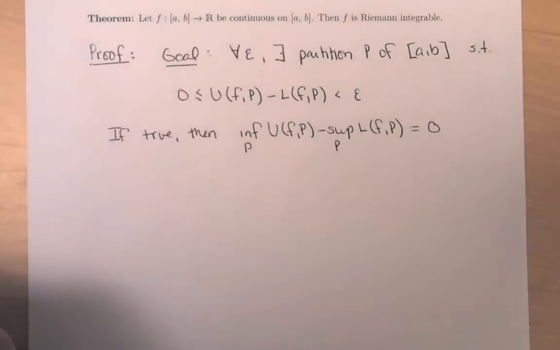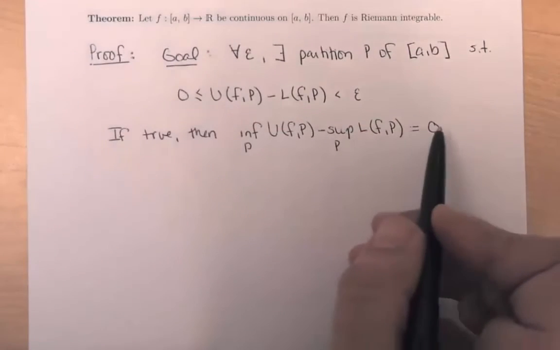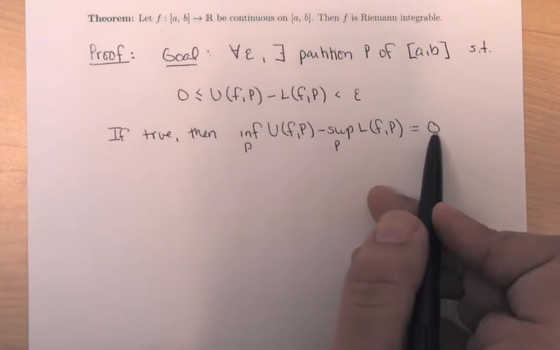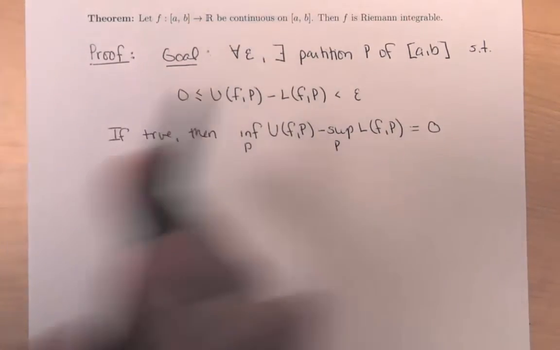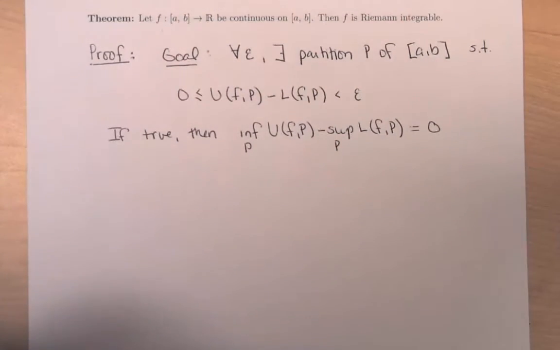Because if it wasn't, if it was a positive number, that would be contradicted by the fact that I can find a partition so that this difference is less than, let's say, half that positive number.